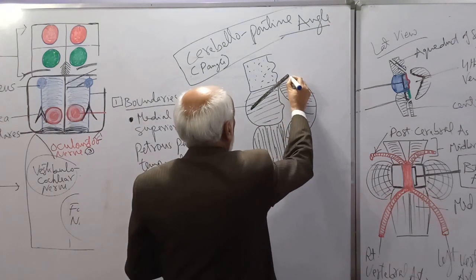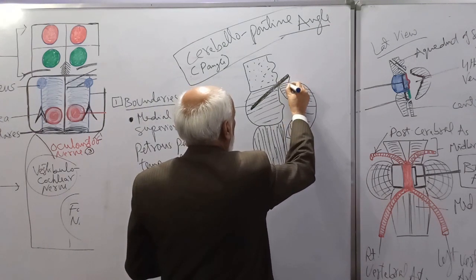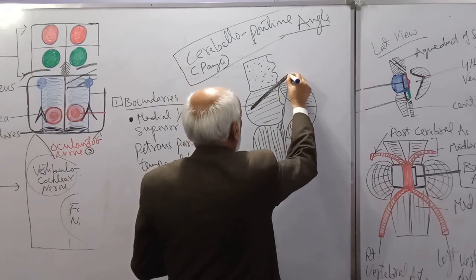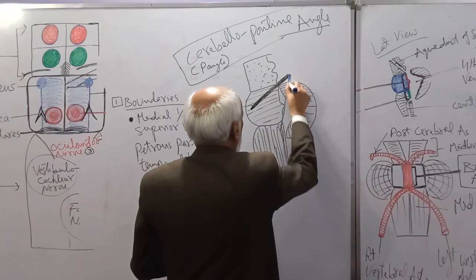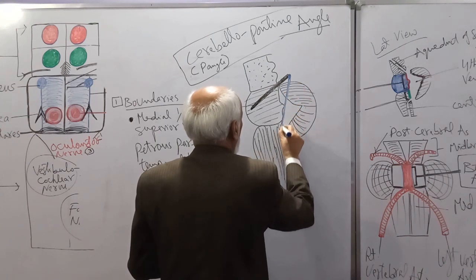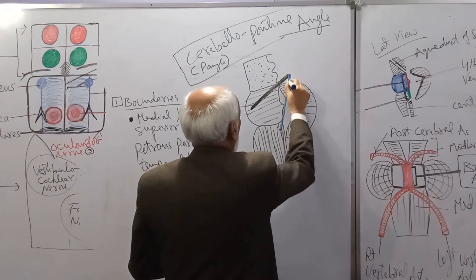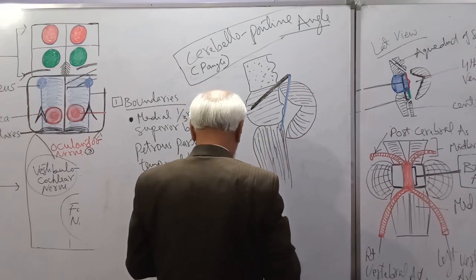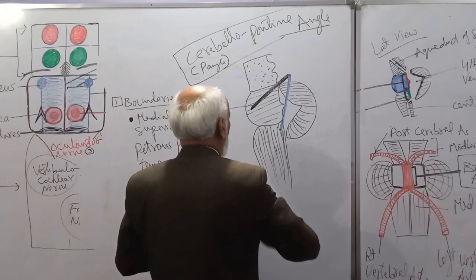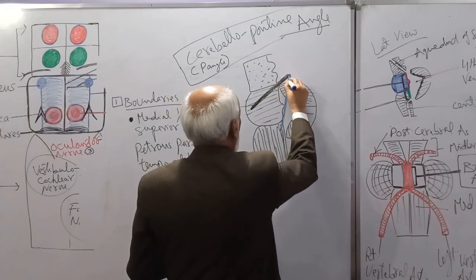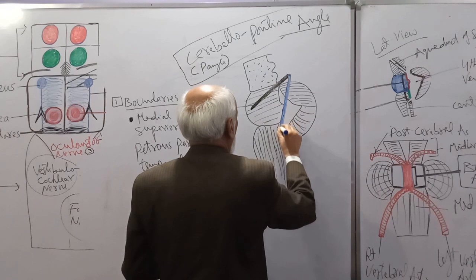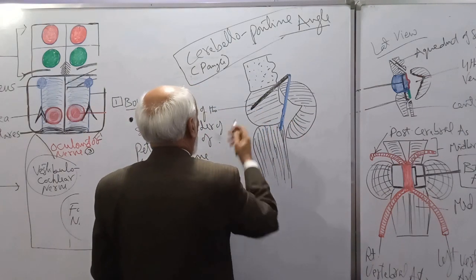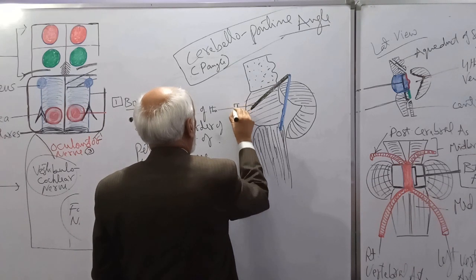Then is the upper part of the cerebellum. Another boundary is the upper part of the cerebellum. This is number 1.